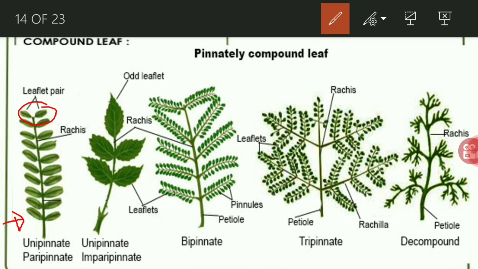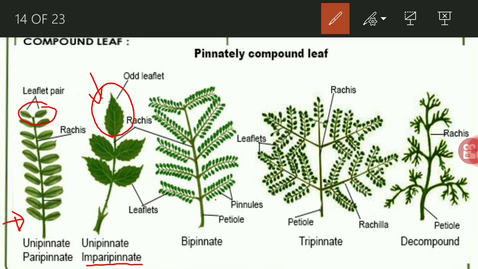In oddly paired pinnately compound leaves, the leaflets are arranged in opposite fashion with a terminal leaflet at the anterior end of the rachis. Such a leaf is called a unipinnate imparipinnate leaf. Bipinnate leaf has the presence of a secondary rachis.